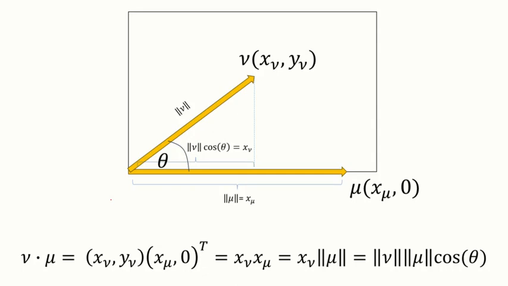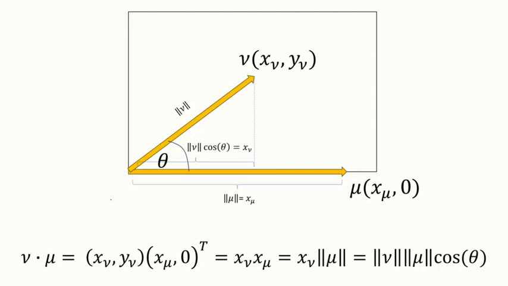So that's what we want to compute. This dot product is this times that, x times x plus y times 0. So that's the way you do the dot product between these two vectors.